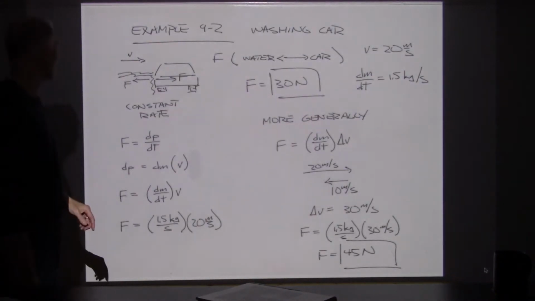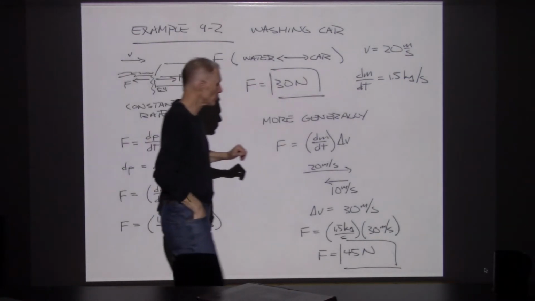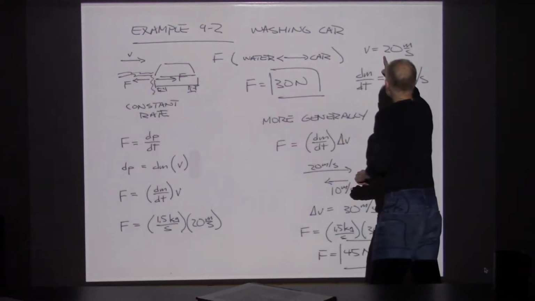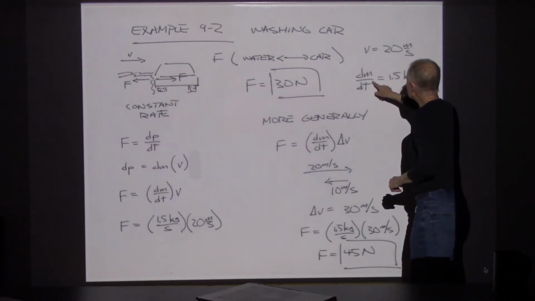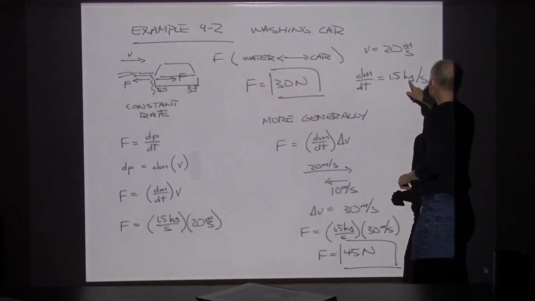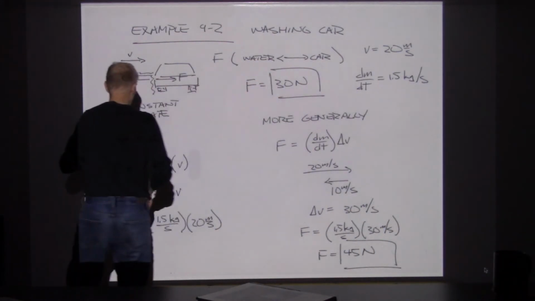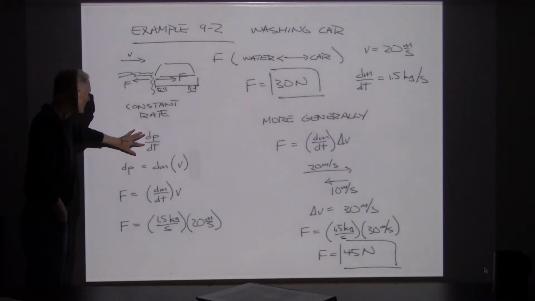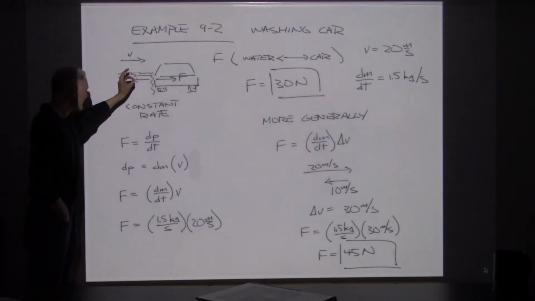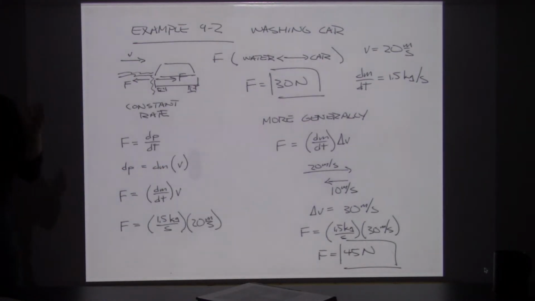So here's what it looks like. Here's that water. We have all the numbers. Here's the speed coming in, and here is the mass rate, 1.5 kilograms per second, and so the force we can calculate this way. We can say that F is equal to dp/dt. Now in this case, if I take a little bit of the water, it's got a mass of dm.